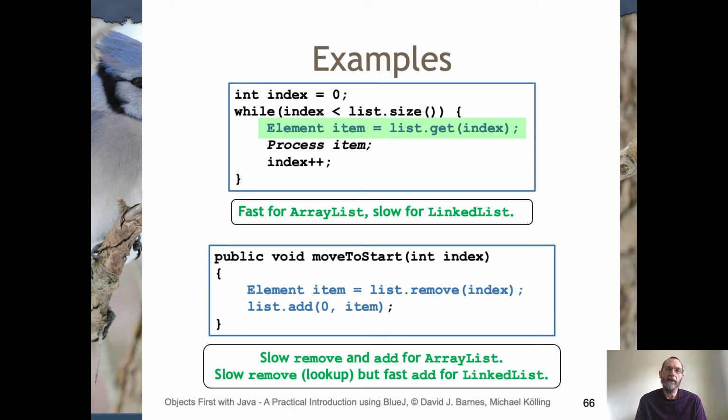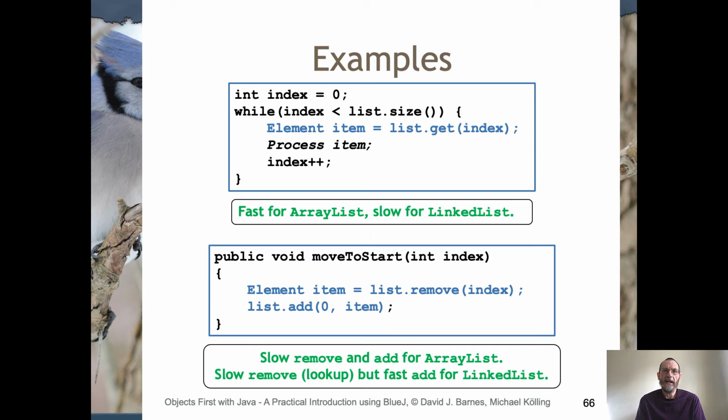On the other hand, with a linked list, every time we call the get method, then the list has to find that particular position regardless of the fact that it was just one beyond the position that it found the previous time around the loop. And so that's a relatively slow operation.